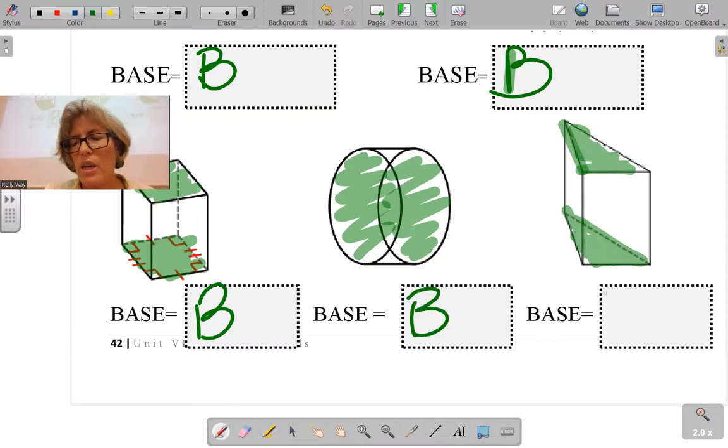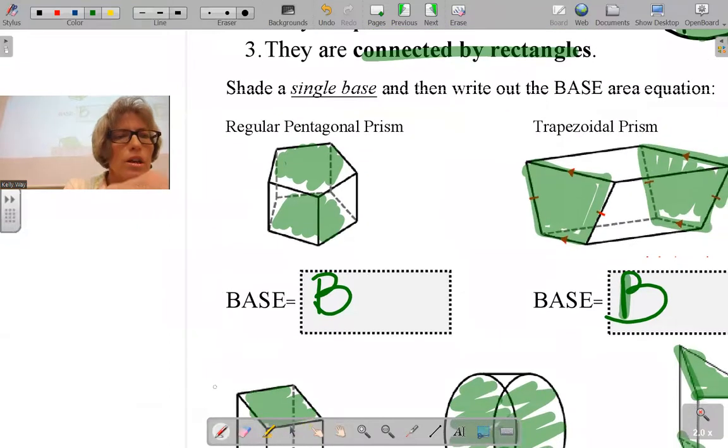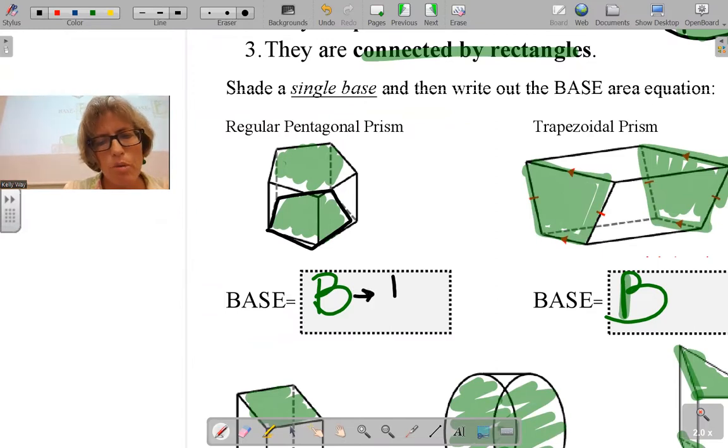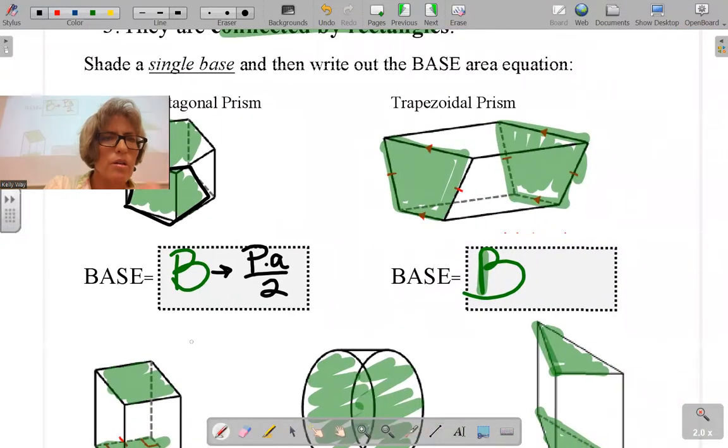But this capital B defines something different depending on the base. So here, if I wanted to find the area of this base, it would be perimeter times apothem over 2, because it's a regular polygon. Here, if I wanted to find the area of this base, watch very carefully, we would average these parallel lines, which we're going to call base 1, base 2.